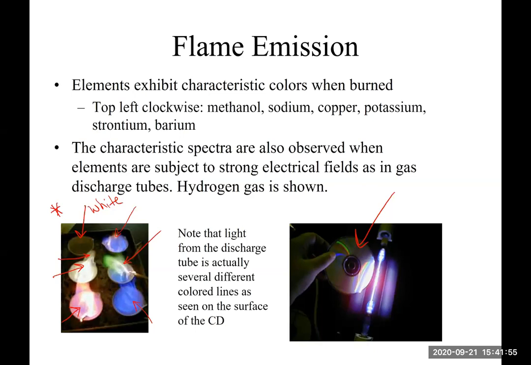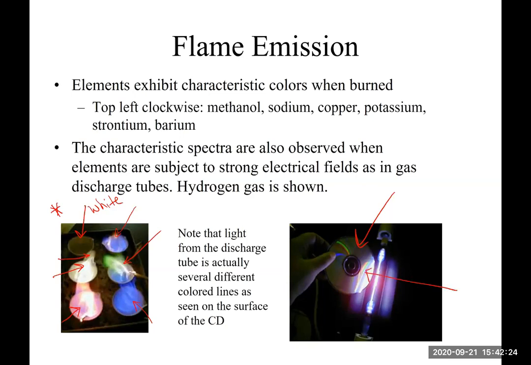That electrical current will excite electrons, and those excited electrons will jump to a higher energy level. When they drop back down to their ground state, or their original energy level, they emit light. And what you can see by the CD being put by this gas discharge tube is that it gives a line spectra. On both sides, you can see a line spectra. I'm just going to draw a red arrow to it here.